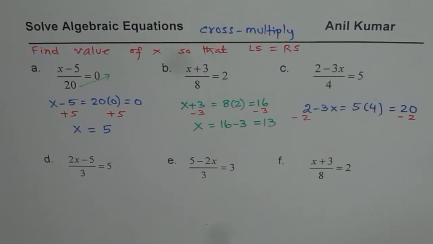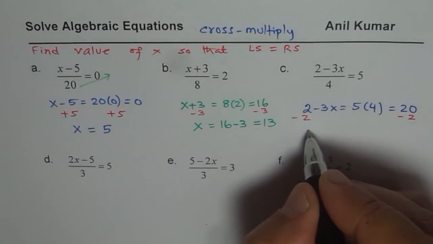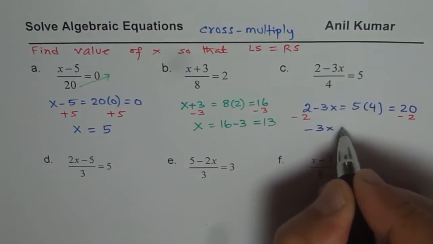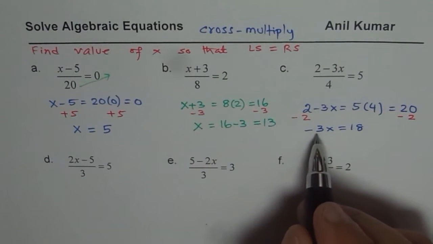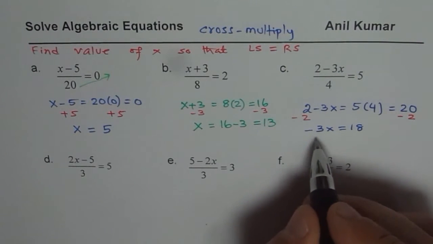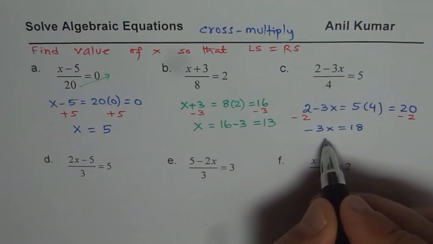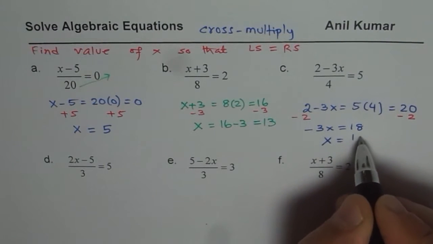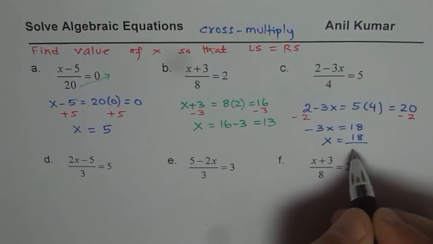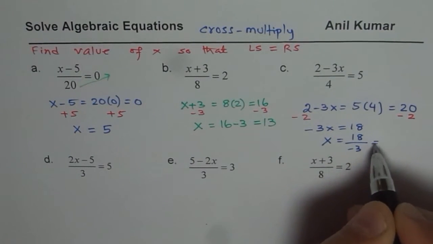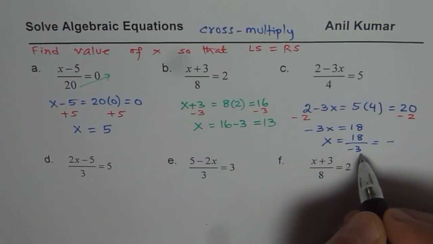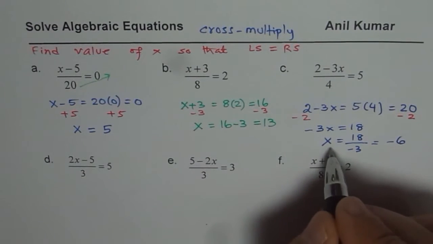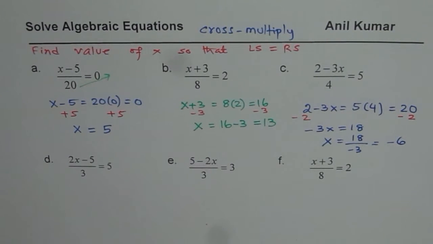And if we do that, we're left with minus 3x equals 20 minus 2, which is 18. Now to get x, what can we do? We have to divide by minus 3. So we get x equals 18 divided by minus 3. When you divide positive by negative, you get a negative number, and 18 divided by 3 is 6. So x is equal to minus 6. That is your solution, correct?